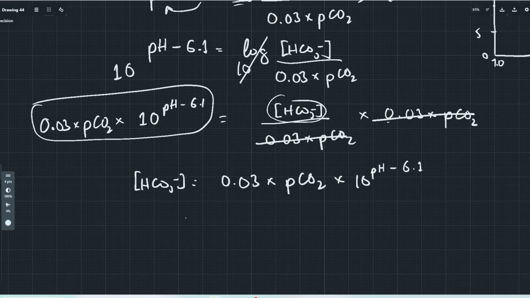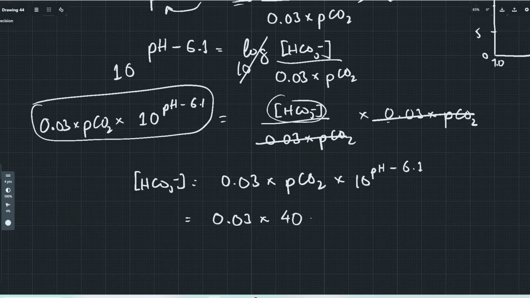So HCO3 negative. Okay, now how can we get the value? For pH 7.1, I can write 0.03 into PCO2. Now what would be the value of PCO2? The normal PCO2 is 40, so for now we can write 40 here.